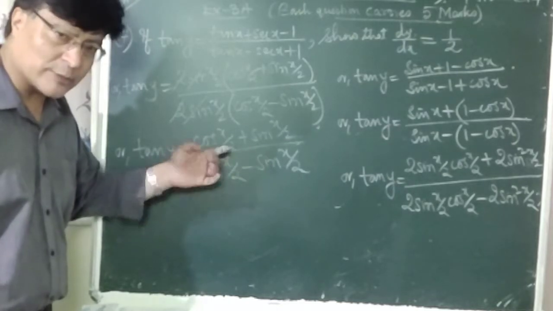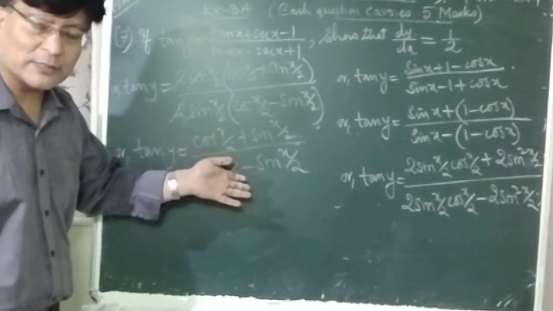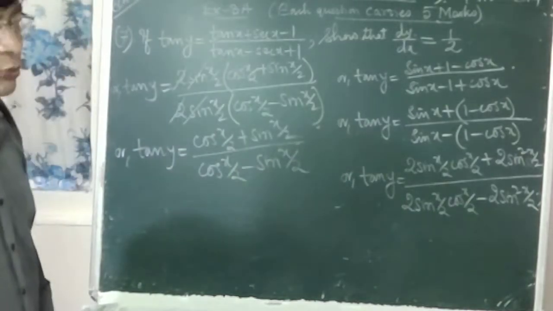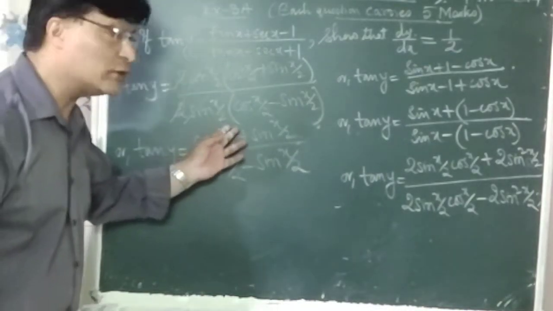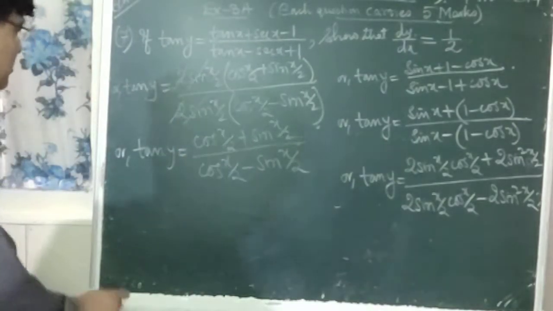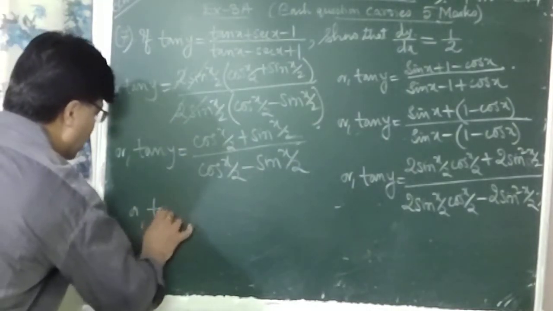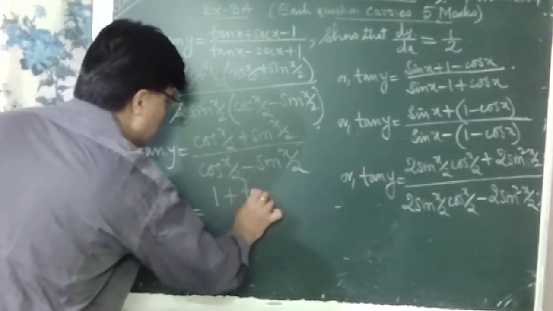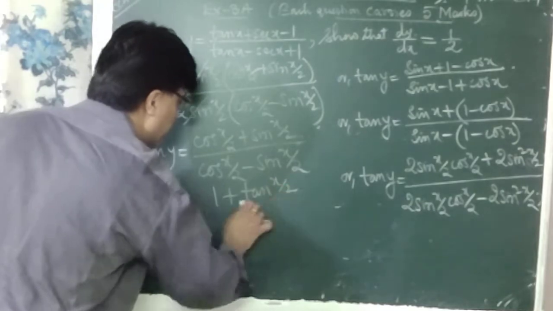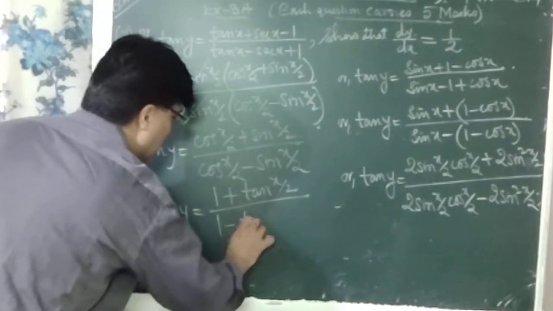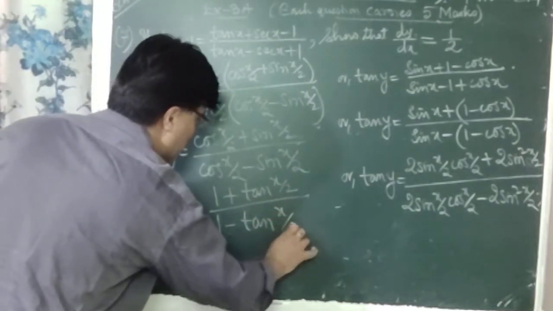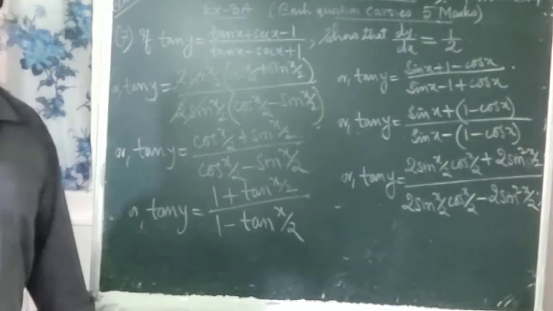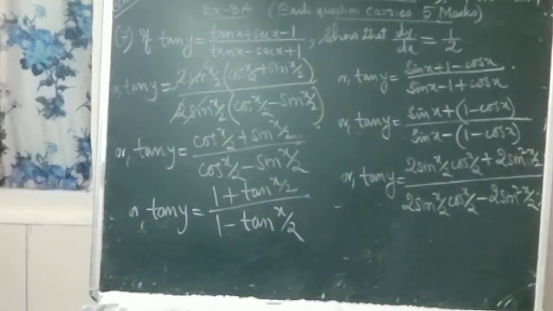Cos x by 2 upon cos x by 2 is 1, then sin x by 2 divided by cos x by 2 is tan. In the denominator also you get 1 minus tan x by 2. So tan y is equal to 1 plus tan x by 2 divided by 1 minus tan x by 2. You know this, isn't it?